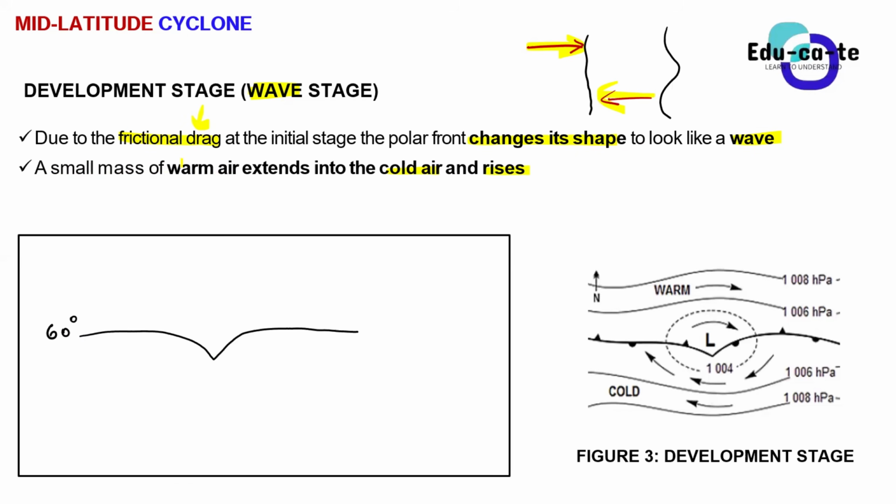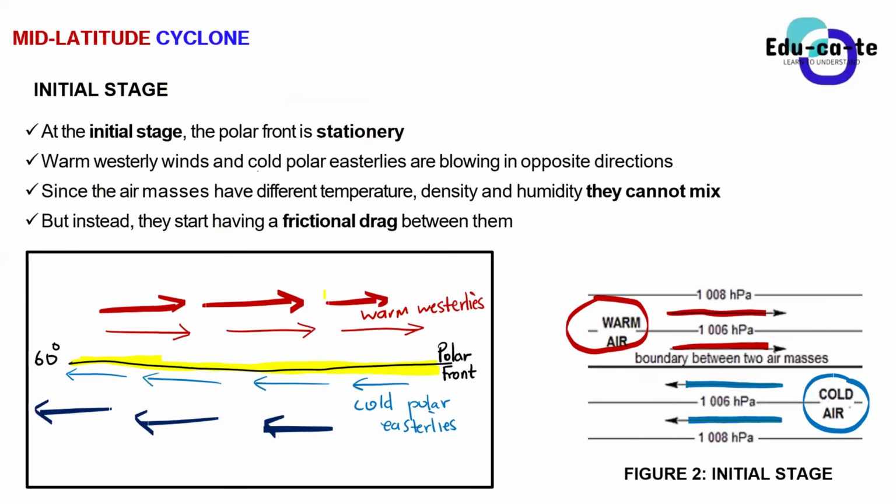So now a small mass of warm air extends into the cold air. Remember that the warm air was found on this side, right? The warm air is the red one here. So during the development stage, a small mass of warm air will just extend into the cold air.